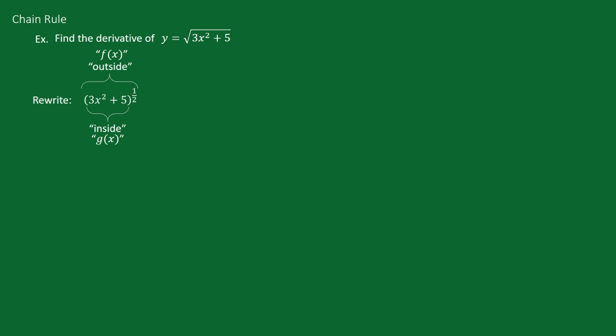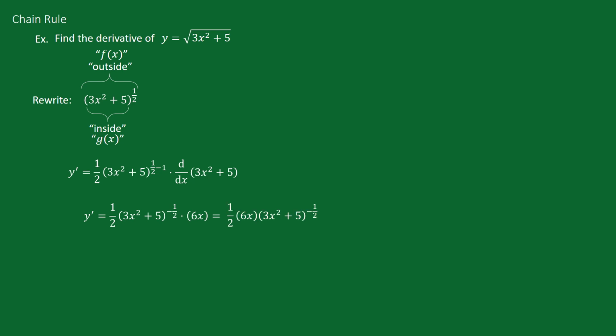So then we bring the 1/2 power down and we subtract 1 from the exponent, and we're going to multiply by the derivative of the inside, which is 3x squared plus 5. So then when we subtract 1 from the exponent, we get negative 1/2, and when we take the derivative of 3x squared plus 5, we get 6x. And rearranging a little bit, I'm going to get 1/2 times 6x times 3x squared plus 5, all to the negative 1/2.